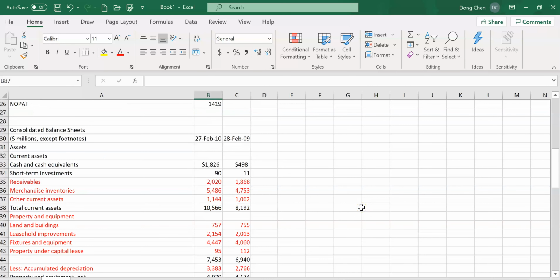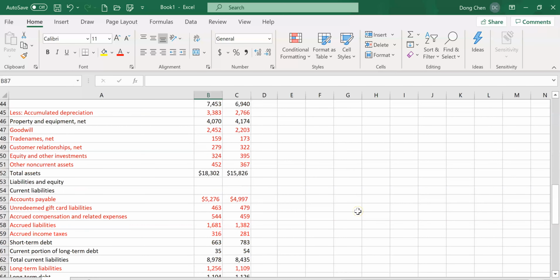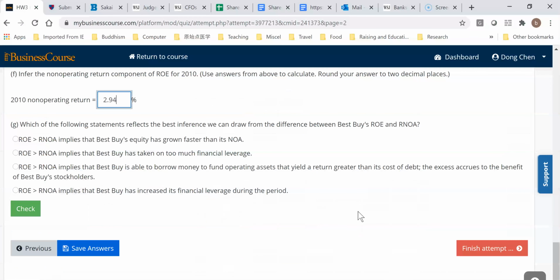So the non-operating return actually is the return generated from those financing items. When you borrow, you have to pay interest, right? So that's sort of like the cost of debt. So the positive non-operating return simply suggests that the return generated from borrowing will be greater than the cost of debt. So we just look for the answer which matches that kind of analysis.